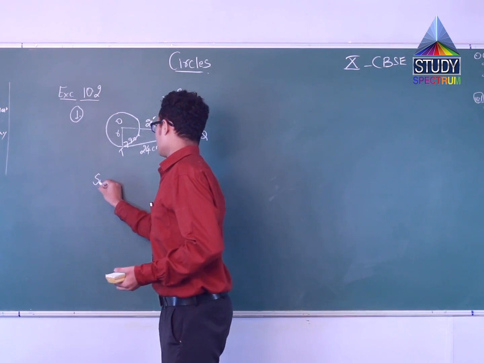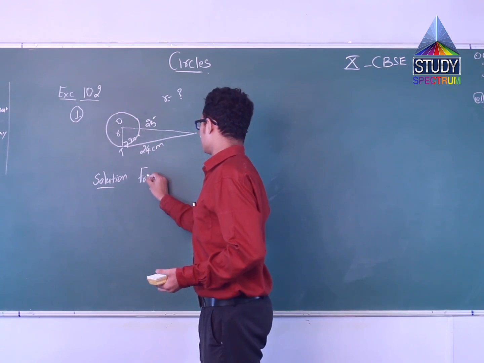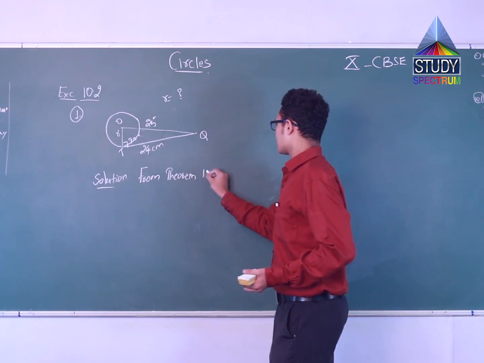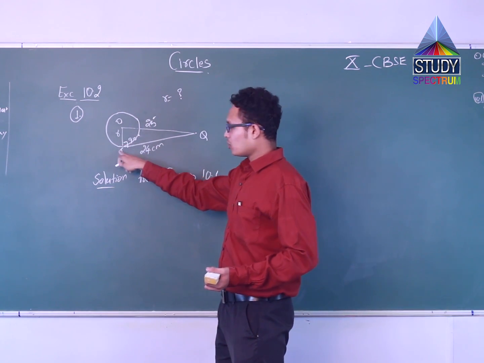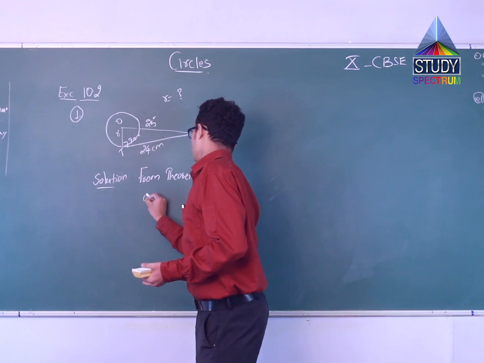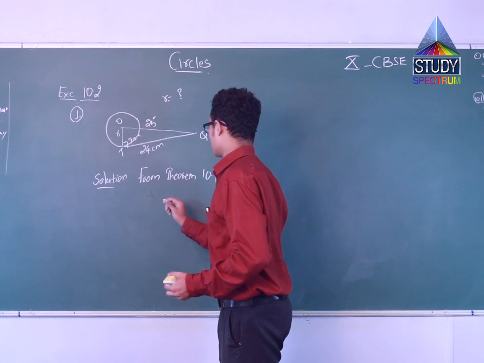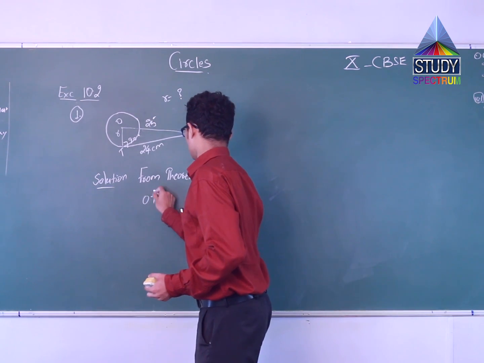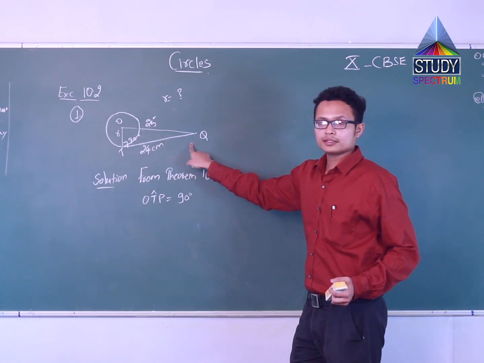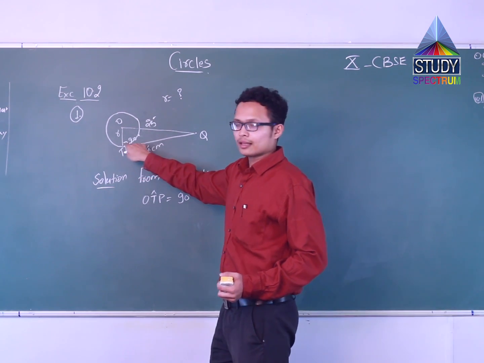So I'll write solution: from theorem 10.1, angle OTP is a right angle. So OTP is equal to 90 degrees.